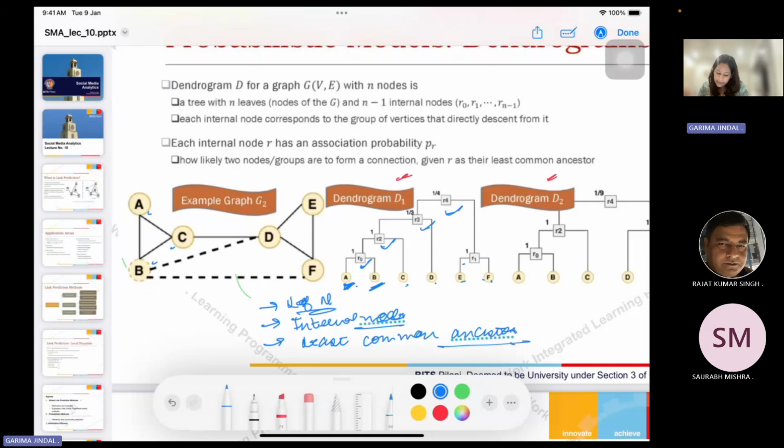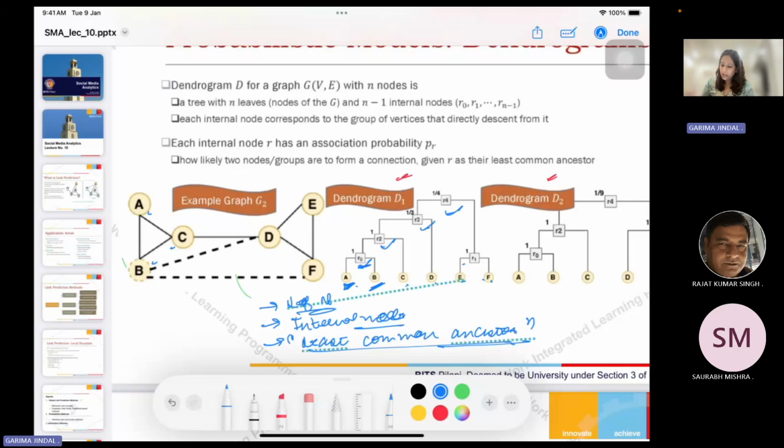These are the ancestors for A and B, but amongst these, R0 is the most recent one. So R0 forms the least common ancestor. R0 is the point where these two connect first. That is why we have this term, least common ancestor.